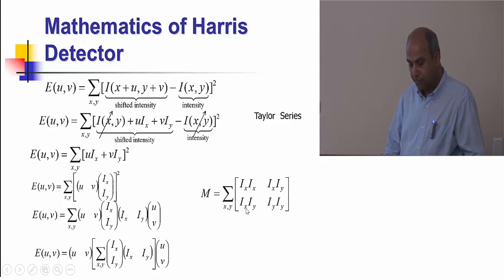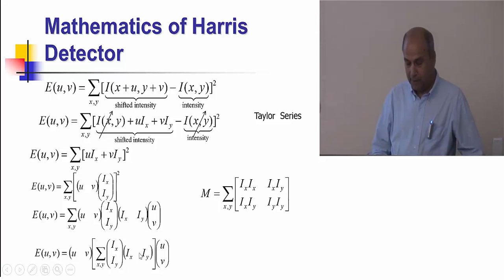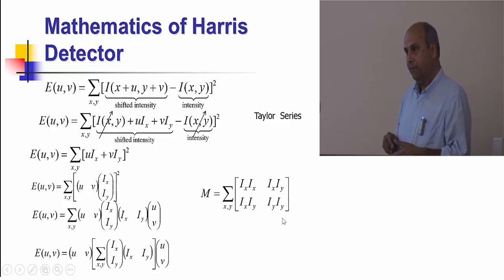And that involves the I_x. So if you do that, the product will become I_x with I_x, then I_x I_y, which is here, then I_y I_x, which is here, then I_y I_y, which is here. So that's a product of this vector with another vector.